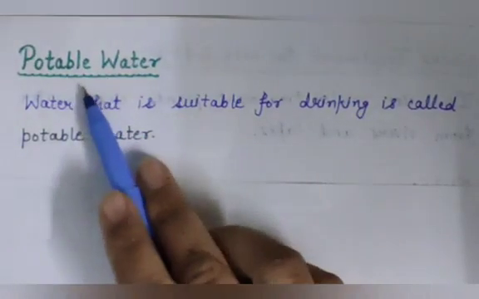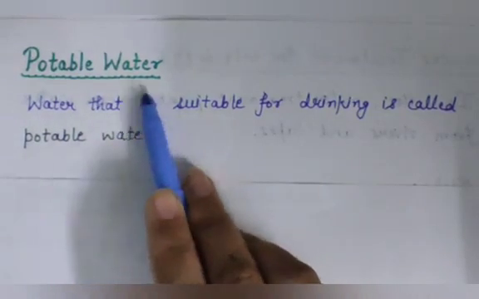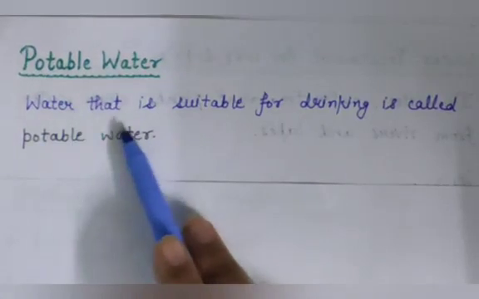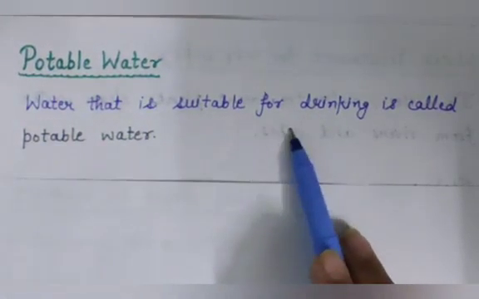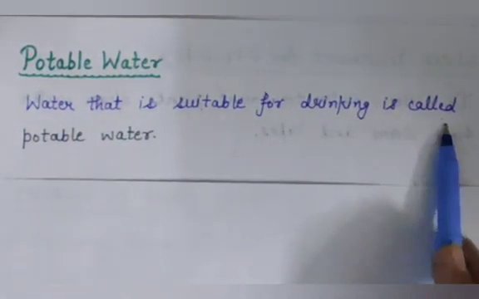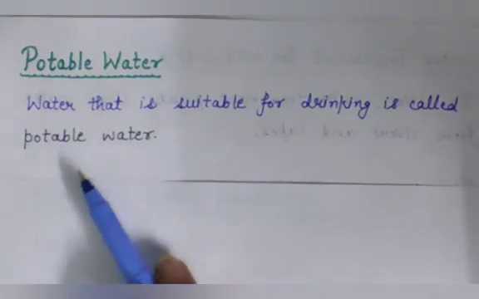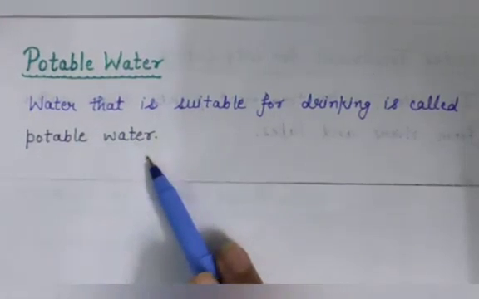Now our topic is potable water. Now what is potable water? Water that is suitable for drinking is called potable water. It means the water which is free from impurities, or the water which we can drink, is called potable water.